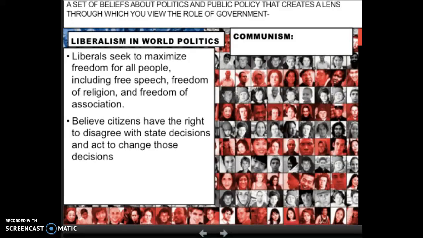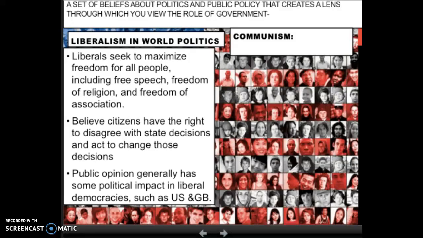And that's what makes it a little bit different, again, than the liberal in the US government realm. Liberalism in world politics also means that there is a belief that citizens have the right to disagree with state decisions, and that the state can't use force or coercion to make you agree with them.